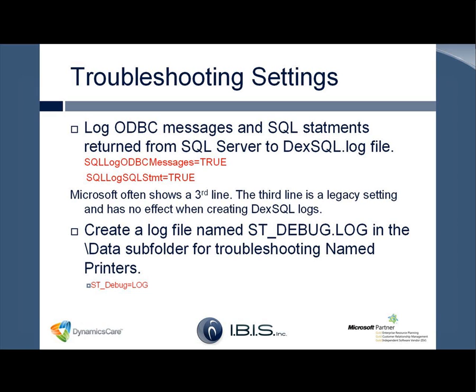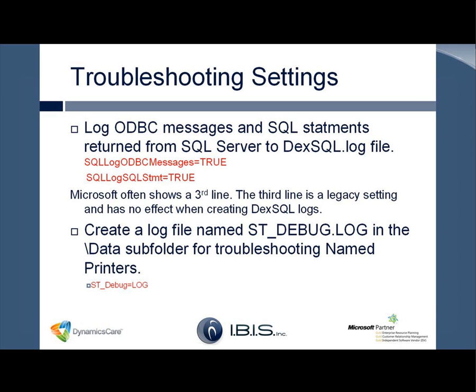I pop back into the DEX location, and I rename my DEX.SQL log. That way the only thing I've got in there is the minimum amount of stuff that I need in order to troubleshoot an error. Pop back into Dynamics GP because I may have to clear my error message. If it was in the middle of posting, I'd have to finish that whole process.